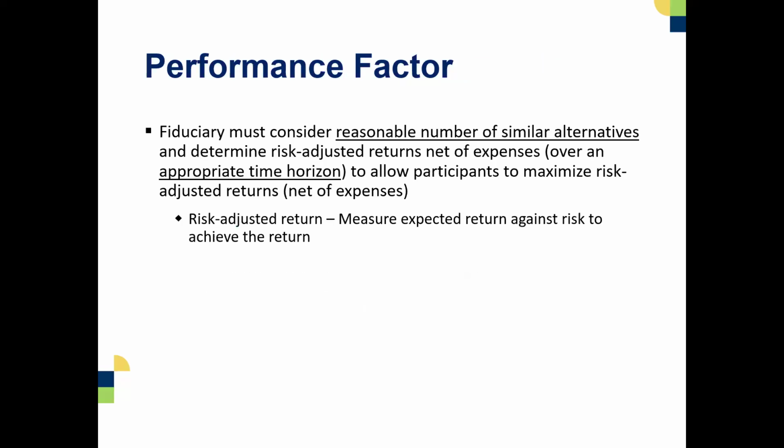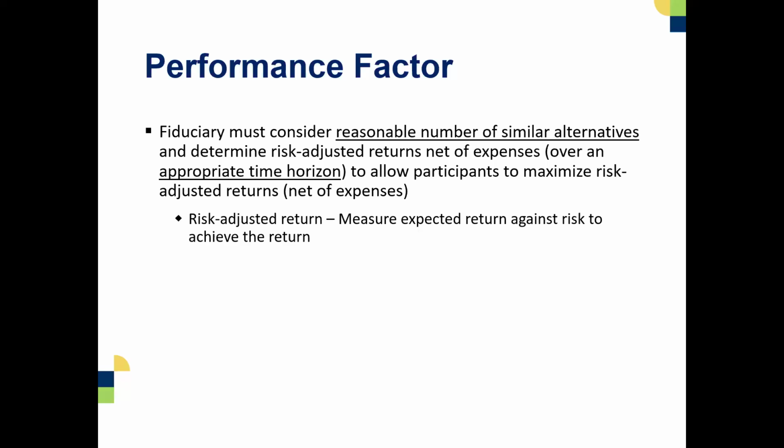So the structure of the proposed rule is that the Department of Labor lists 6 different factors that should be considered if that specific factor is relevant to the investment that you're going to put inside your 401k plan.